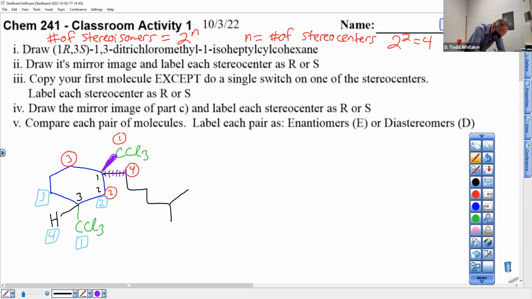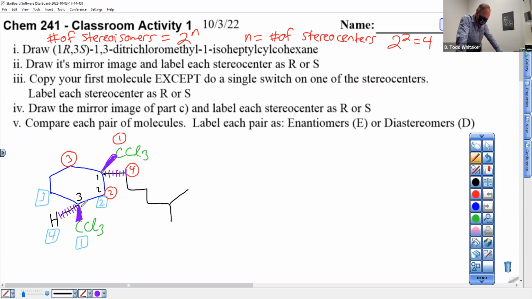So 4 on a dash. I didn't have to be lucky. If it gave the wrong direction, I just put the 4 on a wedge. There you go. You got 2 points for the drawing, and I'd have to give you another point for doing your stereocenters, right? Cool.